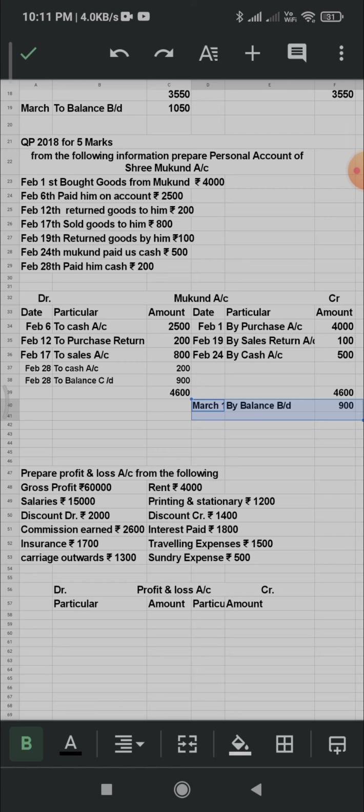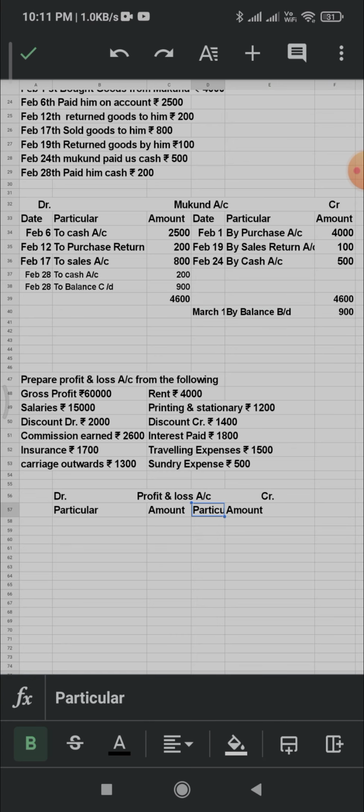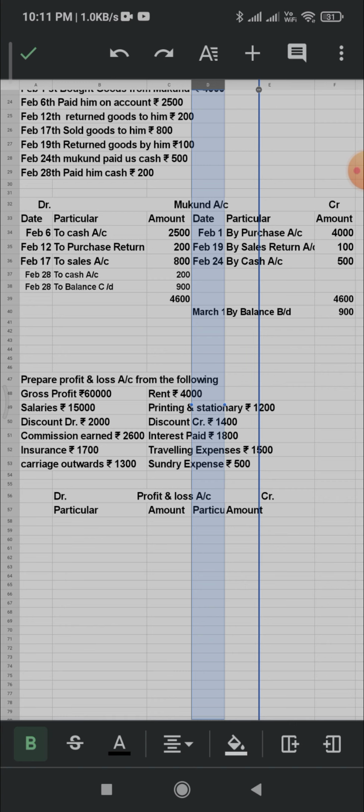It is given in the 2018 question paper: prepare profit and loss account from the following. Here they have given some information, and based on that we are going to prepare the profit and loss account.